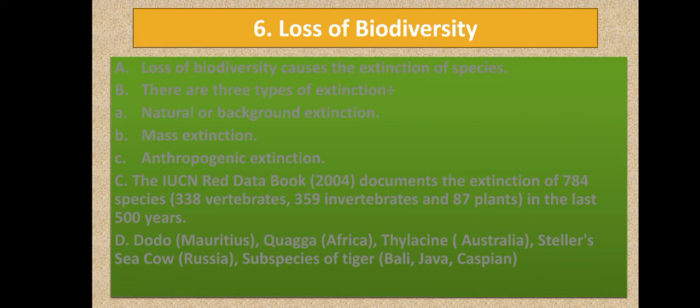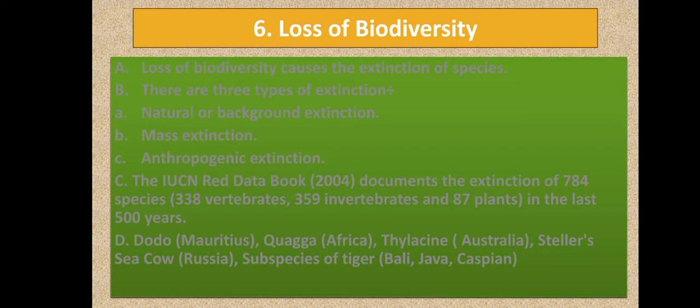According to the IUCN Red Data Book 2004, it documents the extinction of 784 species. Among these, 338 vertebrates, 359 invertebrates, and 87 plant species in the last 500 years.